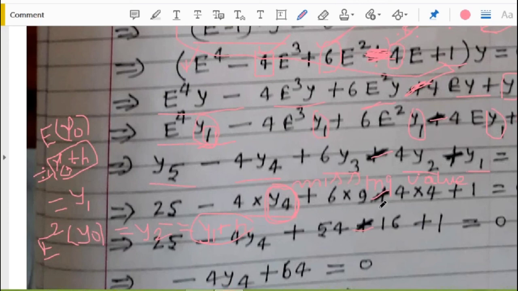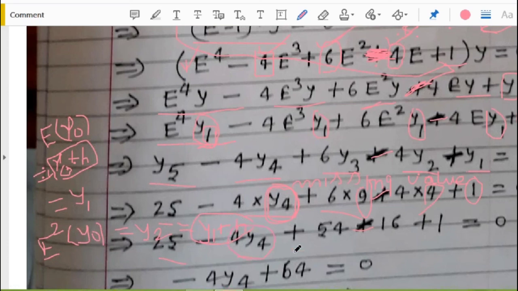And this 6 into 9. Y3 is what? 9. Y2 is what? 4. And then y1 is what? y1 is 1. This is from table I have written. So you simply solve.